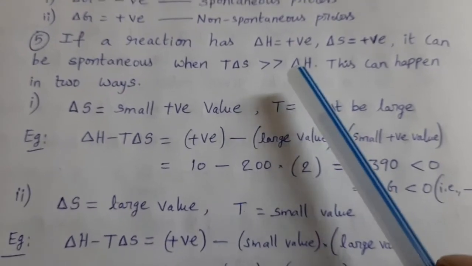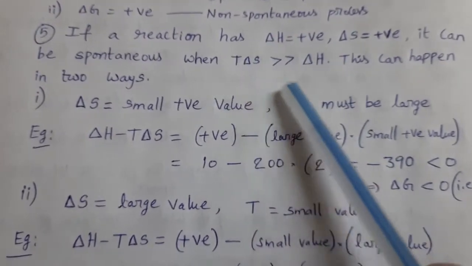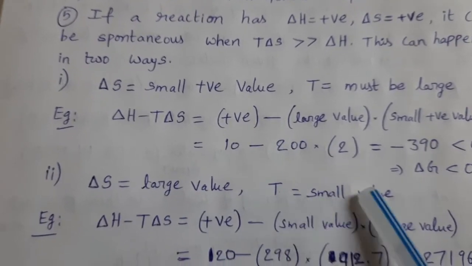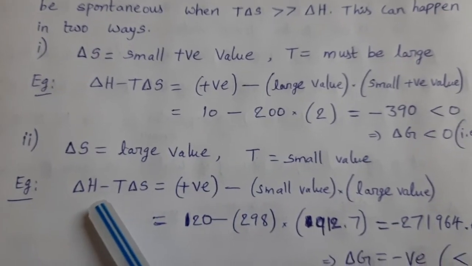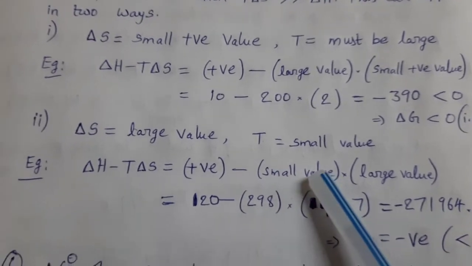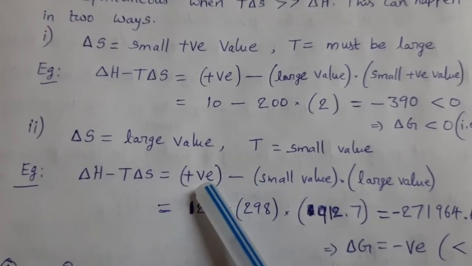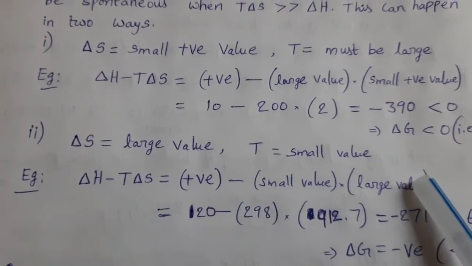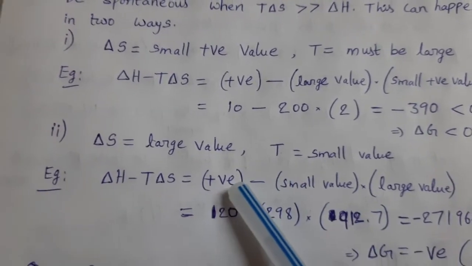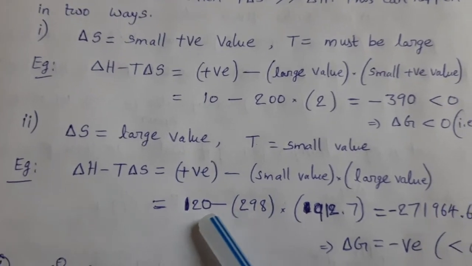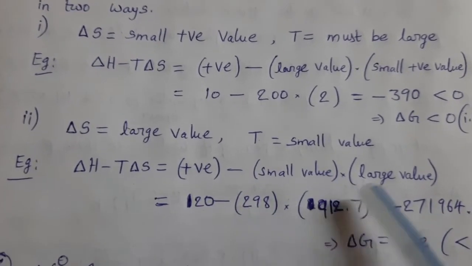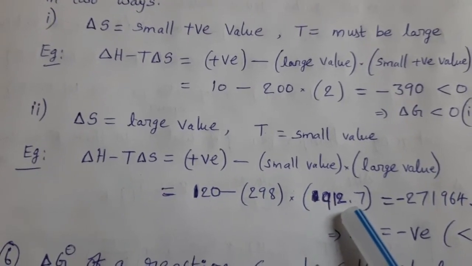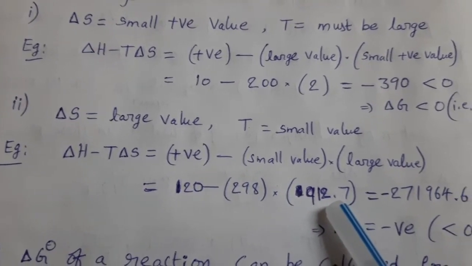In another case also we can achieve this condition. Delta S is a large value, T is a small value. In this case also delta H is positive, T is a small value, and delta S is a large value. For example, delta H 20, T small value 298, and large value for delta S, example 912.